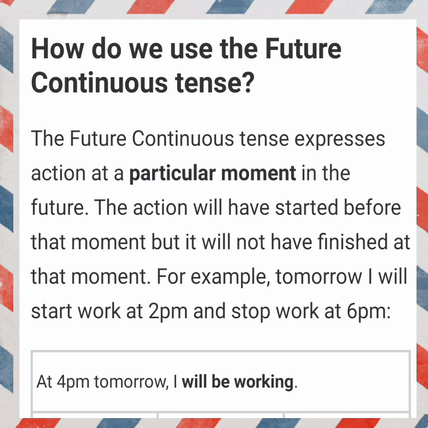The future continuous tense expresses action at a particular moment in the future. The action will have started before that moment, but it will not have finished at that moment. For example, tomorrow I will start work at 2 p.m. and stop work at 6 p.m. At 4 p.m. tomorrow I will be working.